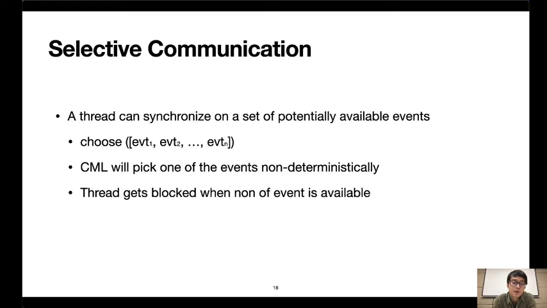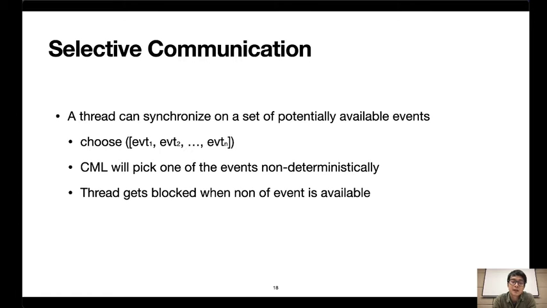And CML provides a primitive called choose. You can choose on a set of events from EVT1 to EVT2 up until EVTN. And CML will pick one of the events non-deterministically. And if none of the events are available, the thread that synchronizes on this set of events gets blocked. And that's how the selective communication goes.